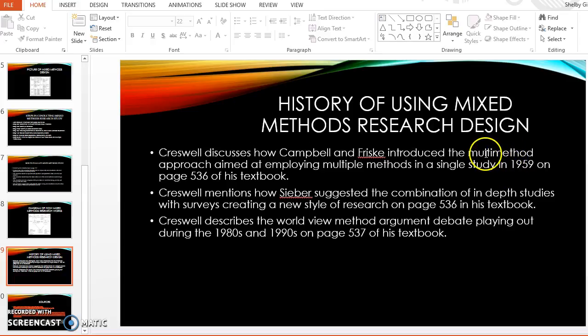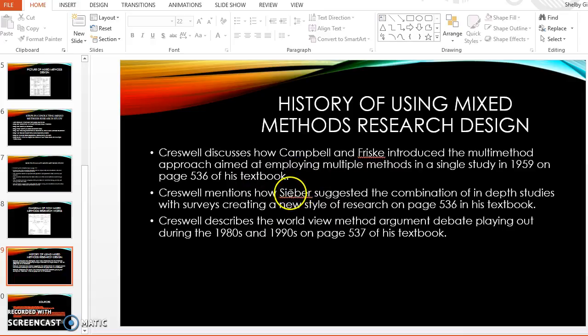These two did not set out to start using mixed methods research. They did this with a different purpose in mind, but their early work helped contribute to what mixed methods research is today.